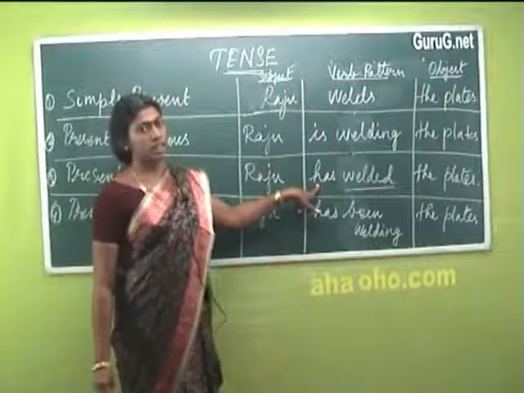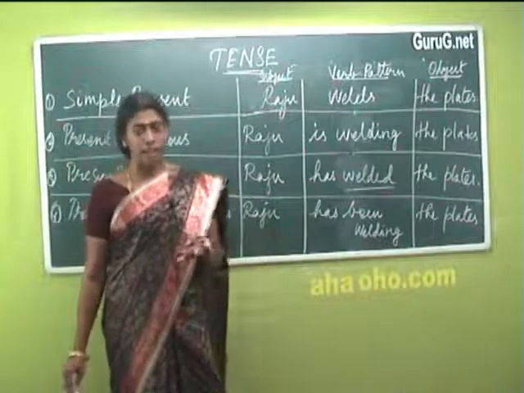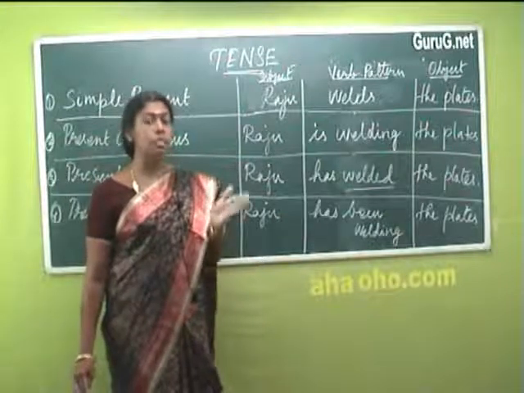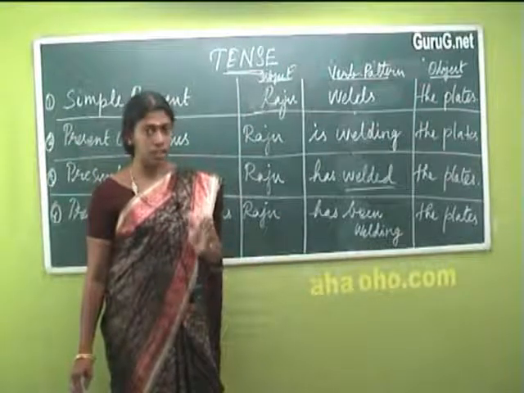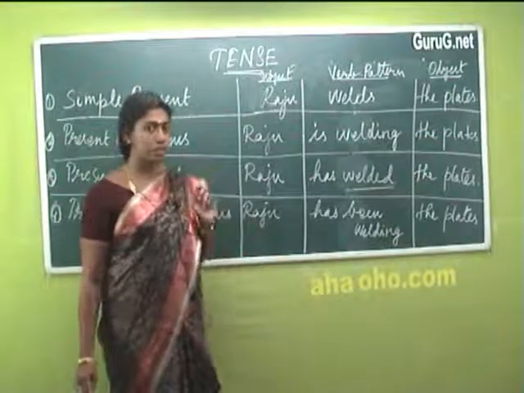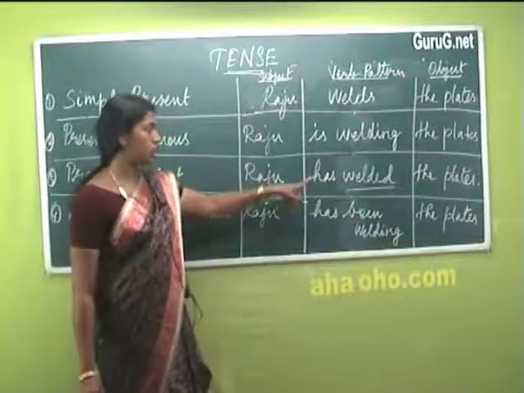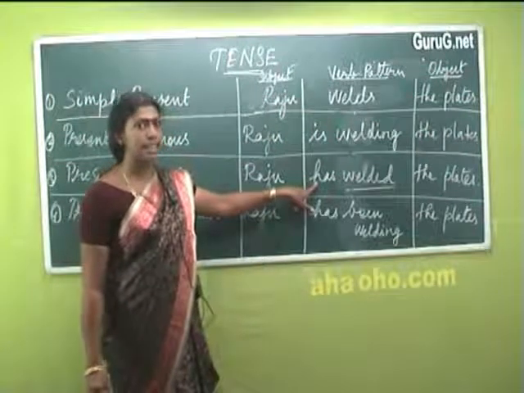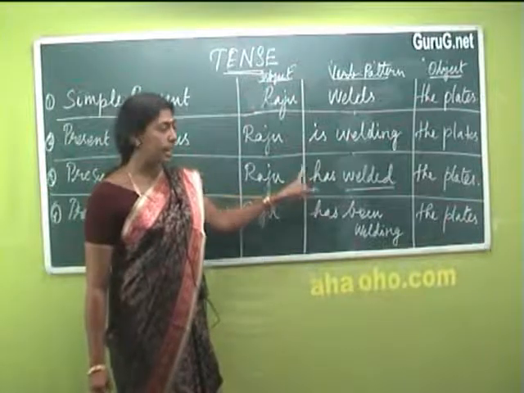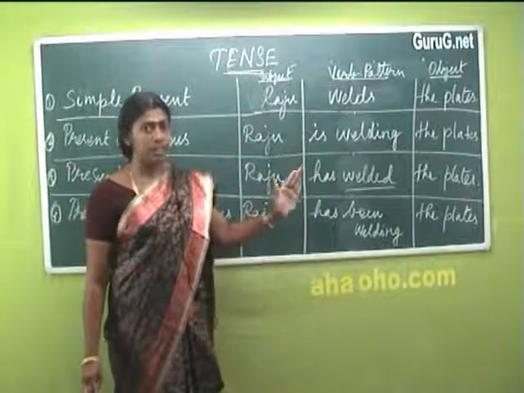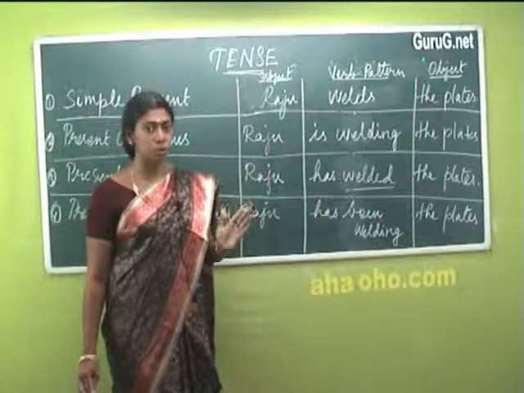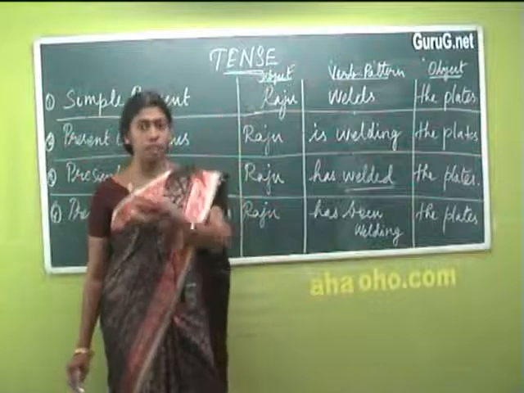All perfect tense auxiliaries, have, has and had, take only the past participle form of the verb structure when the root verb comes immediately after that, which is very, very noteworthy. The perfect tense auxiliaries like has, have and had, when they take a root verb immediately after that, take only a past participle form of the root verb. That is the third column verb which you study usually.